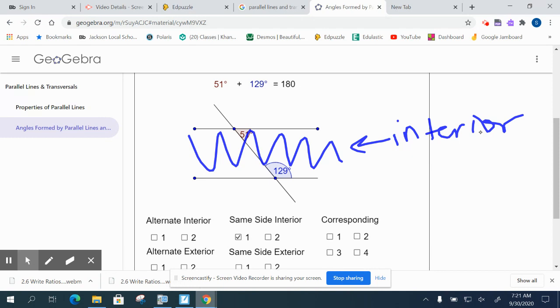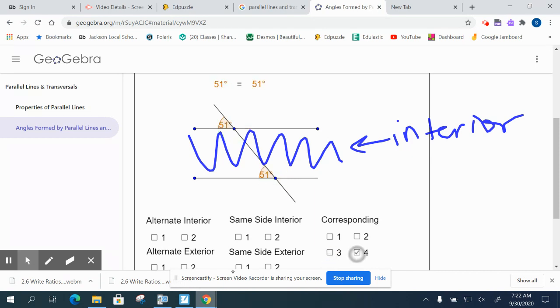Notice that the same side interior are not congruent, but they are supplementary. And then same side exterior are also supplementary. And we don't refer to this one too often. And the corresponding angles are congruent because they're on the same position relative to the vertex. So both above and to the right, or you can have both below and to the right.